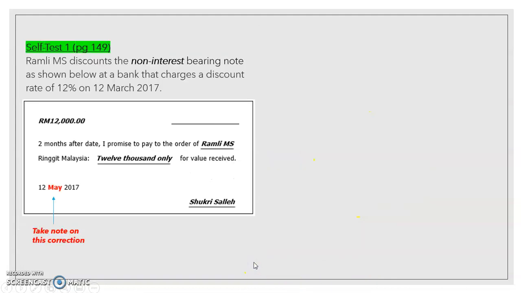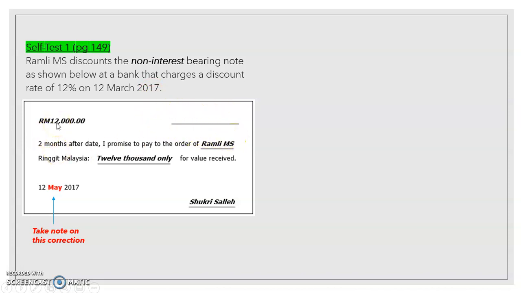This is the self-test in page 149. Okay, it says that Ramli MS discounts the non-interest bearing note as shown below at a bank that charges a discount rate of 12% on 12 March 2017. So if you look here, it has to be the date, it has to be 12 March 2017.